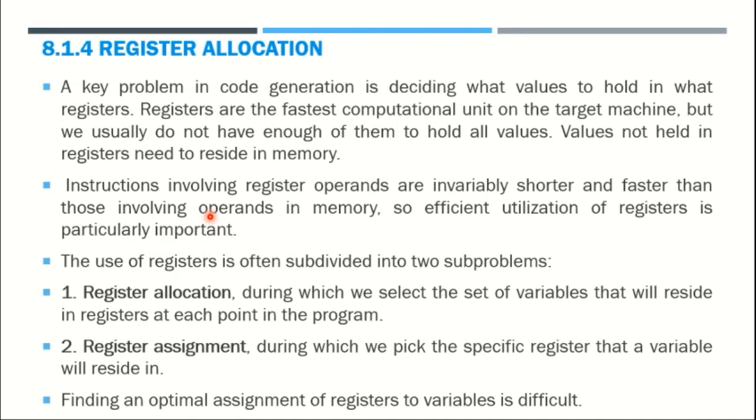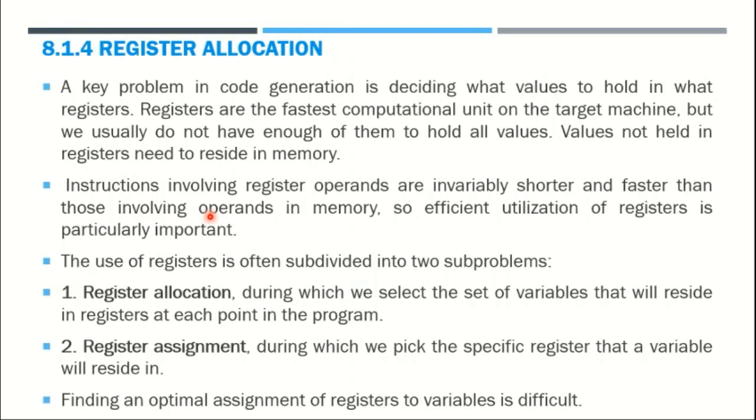Next, register allocation. While generating the target code from the intermediate code representation, the major problem is deciding what values are to be held in the registers. Why? Because register memory is the fastest memory in the computer. To perform computation or any execution, register memory performs well.